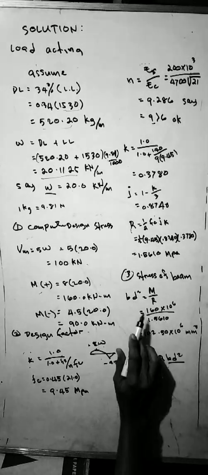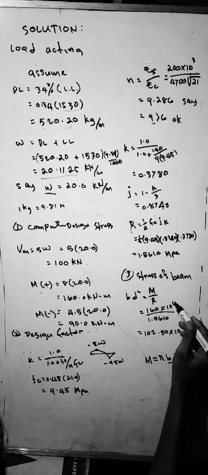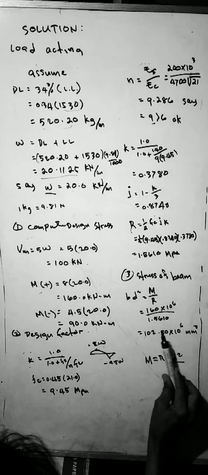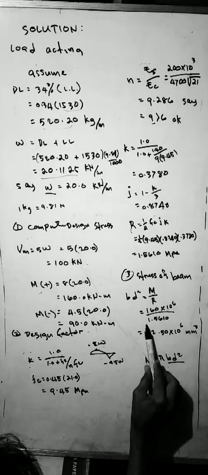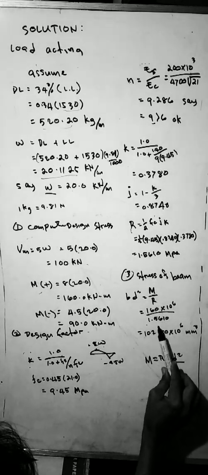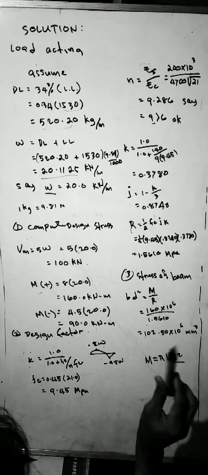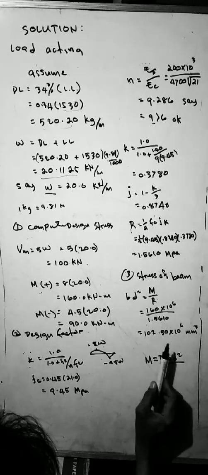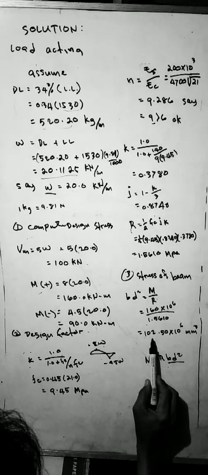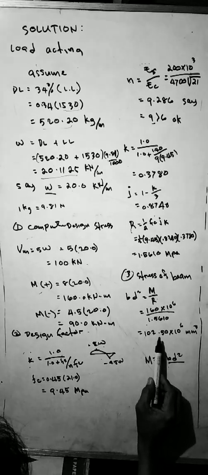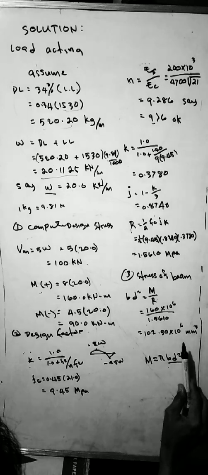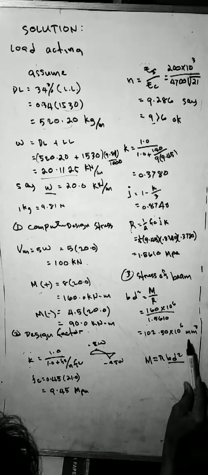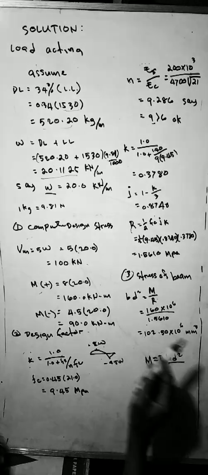So b d squared now is 160 times 10 to the 6, divided by 1.56, that is the value of the R, then will give us 102.50 times 10 to the 6 cubic millimeter.